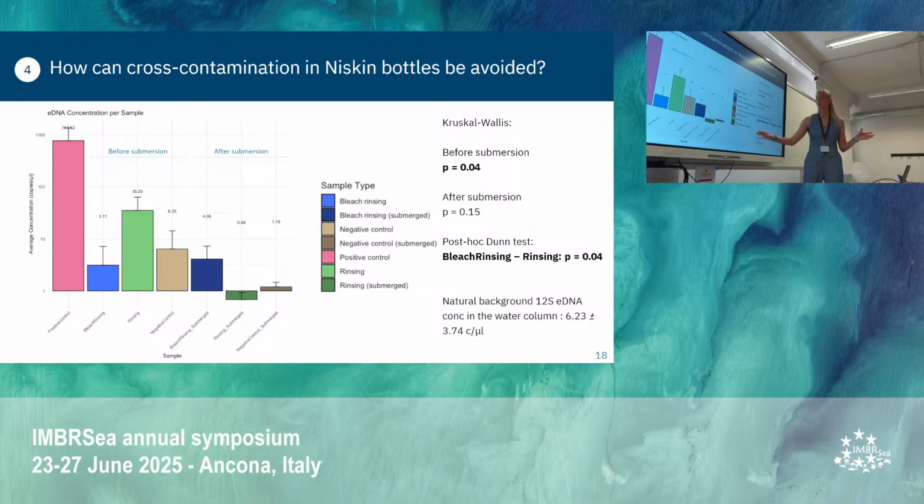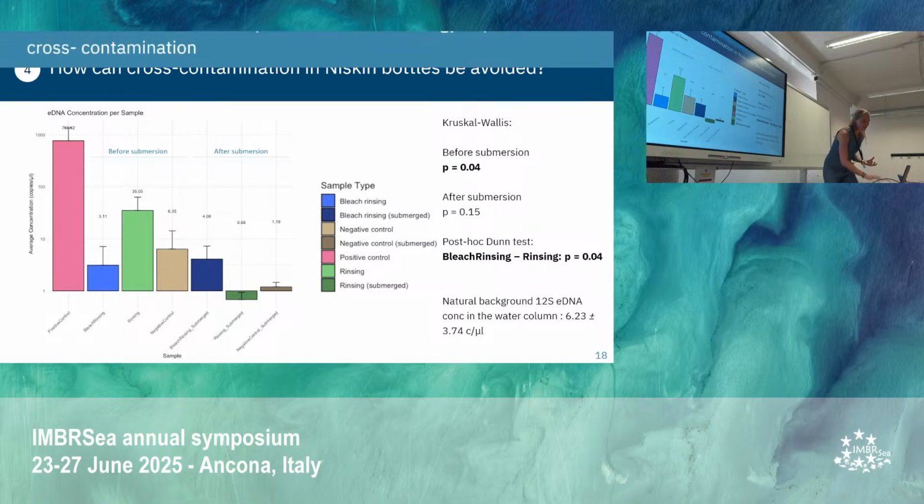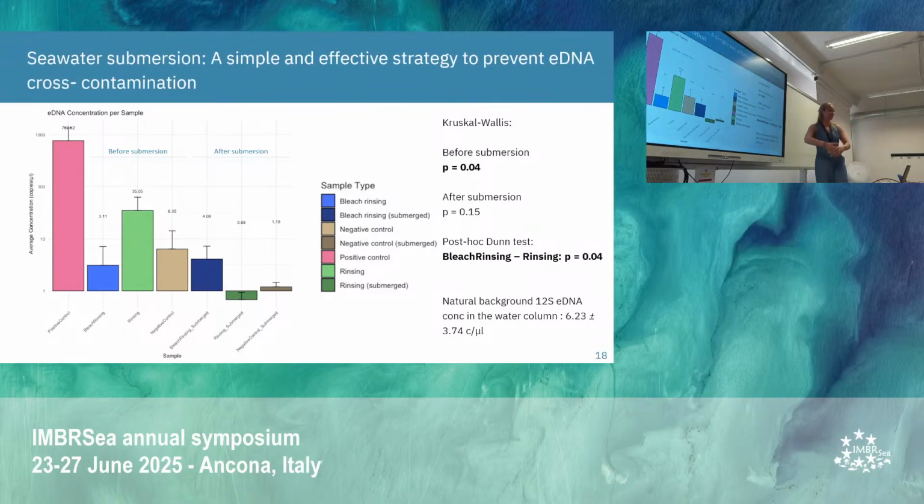However, after submerging, all 3 sample types showed notably lower eDNA concentrations that were actually comparable to the natural background 12S DNA concentration. So with this, we can conclude that this simple seawater submersion is already sufficient to reduce this cross-contamination.